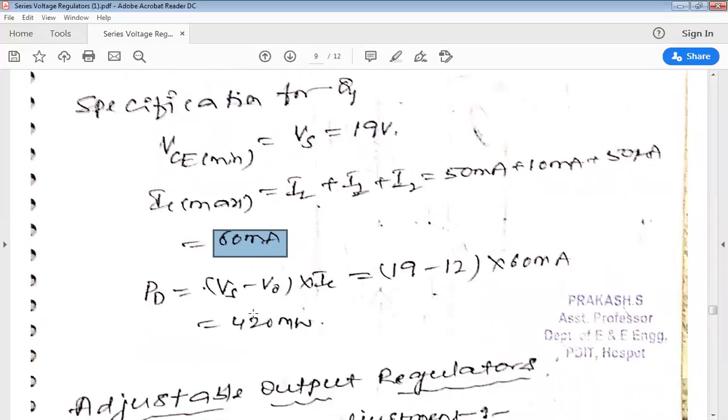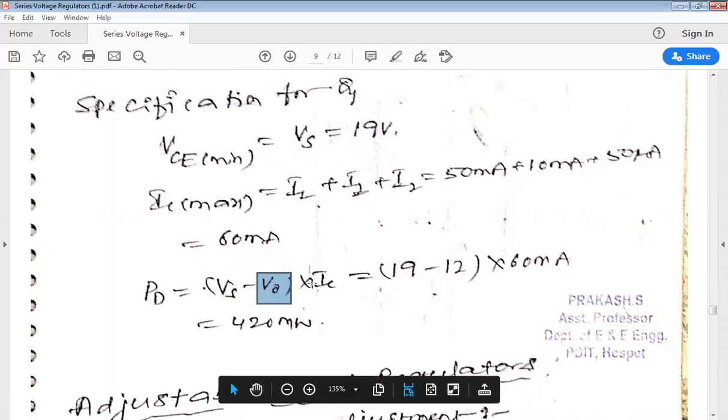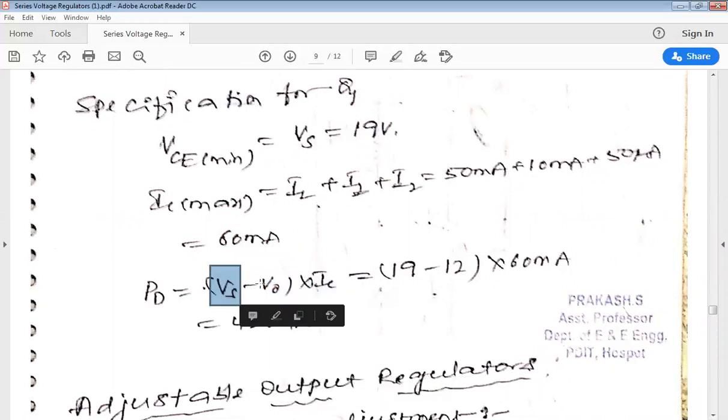Power dissipation in the transistor is Vs minus V naught into IC, that is unregulated supply voltage minus regulated output voltage into IC.